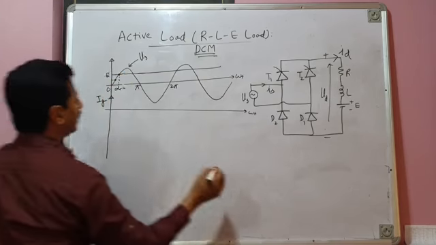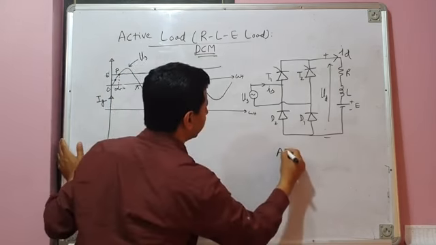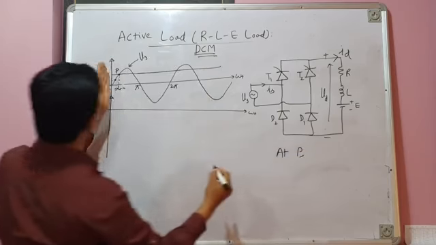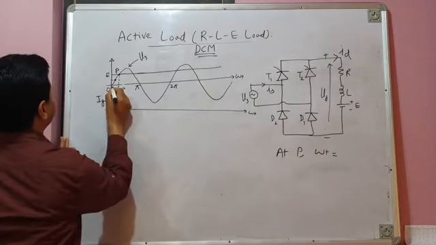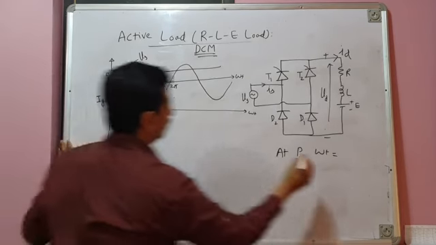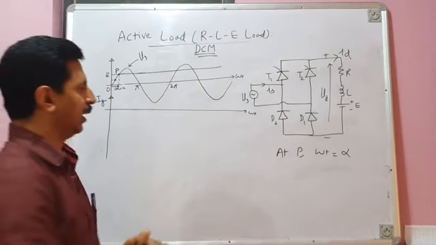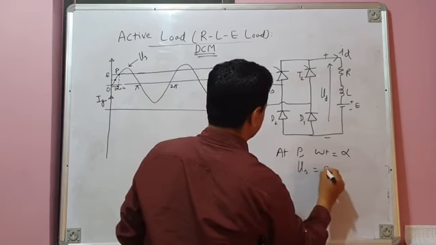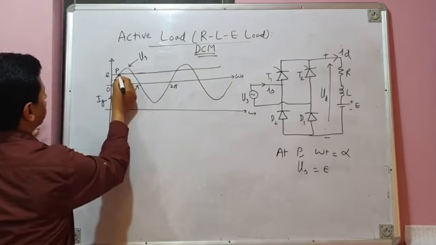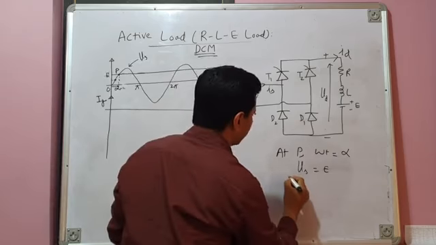At this point, let us call this point P. I will write here, at point P. Let omega T equal alpha, the delay angle, and let us suppose the firing pulse is issued. At P, we can say Vs is exactly equal to E. This is the point of intersection between Vs and E. What is Vs?